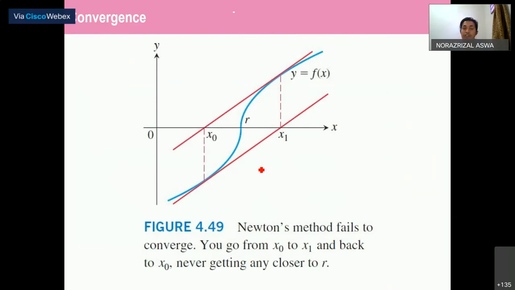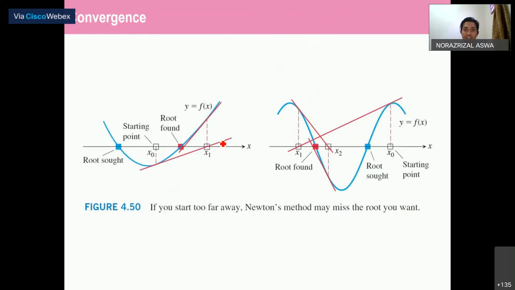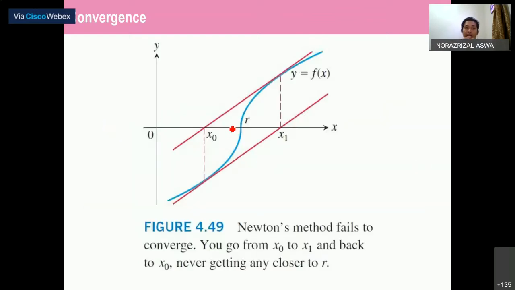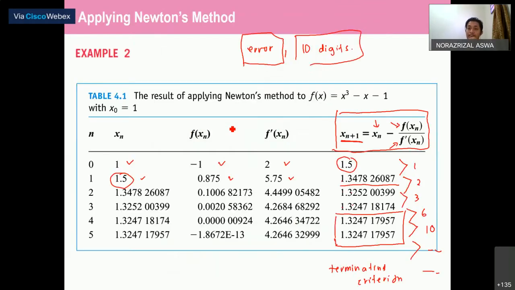Now we are going to check the convergence. Like we discussed earlier, in most cases, when you have favorable circumstances, you will get the root very fast; it will converge very fast. For example, in this case, the pattern for the error is 1, 2, 3, 6, 10.